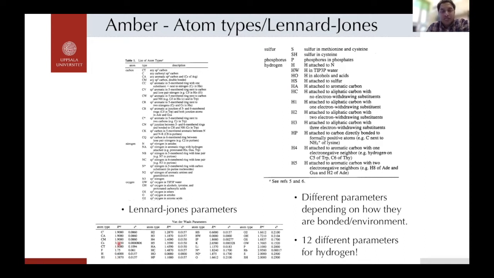The Lennard-Jones equation was already shown by Alexi, and there you can see that there are some parameters you need to define for the molecule. For these different types of atoms, there are different epsilon and sigma values defined. For these 12 different hydrogen atoms, the parameters will be slightly different.